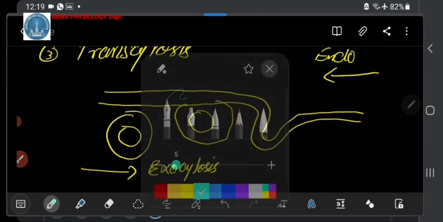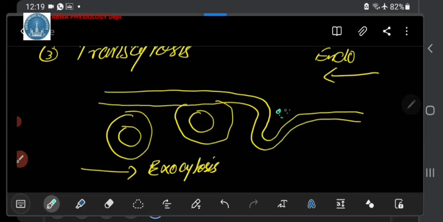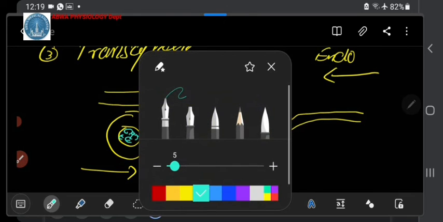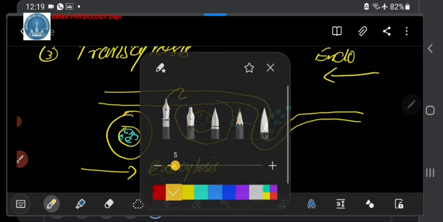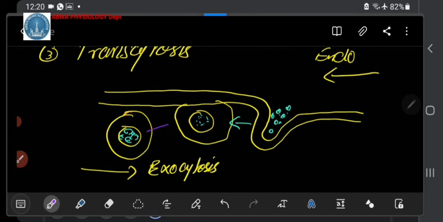If molecules are to be ingested, there is an invagination, and there would be a twist, closing up the cavity of the membrane, and eventually the particles are engulfed. But if we want to excrete the substance, the particles in a closed cavity should attach to the cell membrane, and then eventually it will be thrown out from the cell.